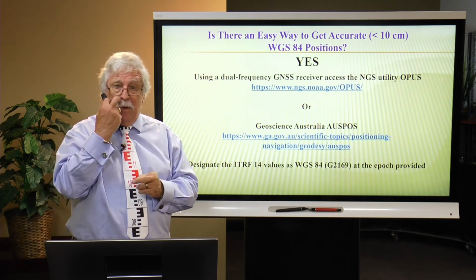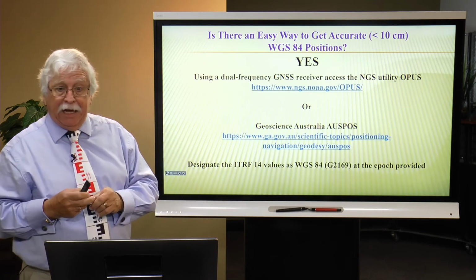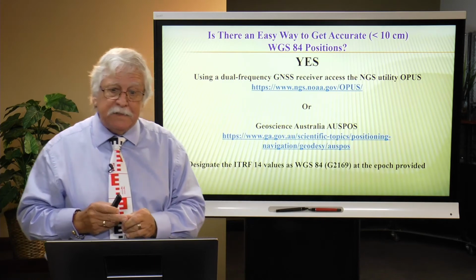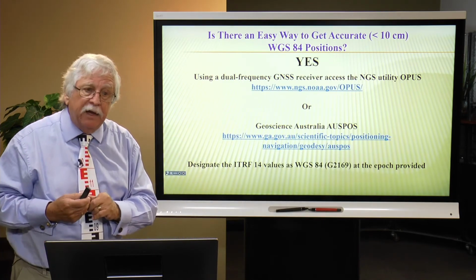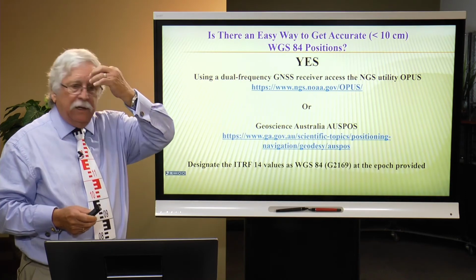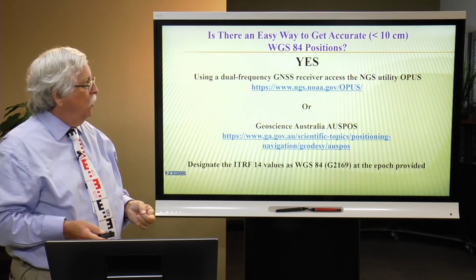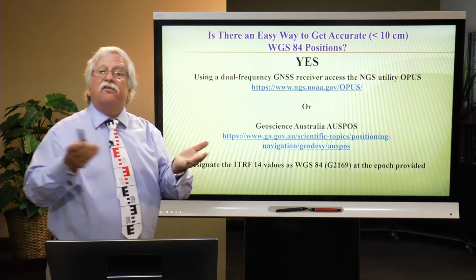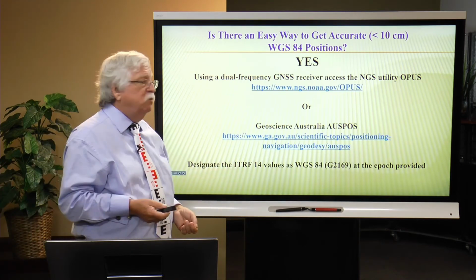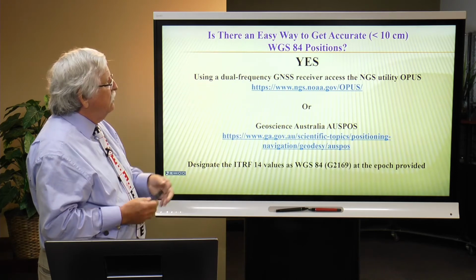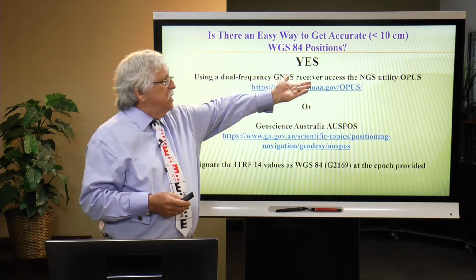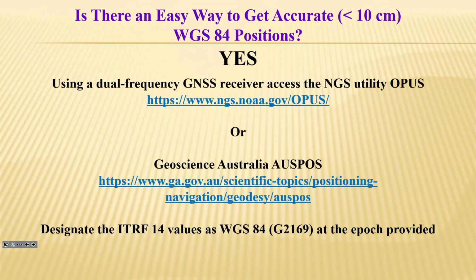Is there an easy way in which you could get accurate WGS84 coordinates? And yeah, I think there is, if you really need to have that. If you have a client that's demanding that you provide WGS84, there are several utilities. I'm just going to highlight two of them. One, if you have a dual frequency GNSS receiver, you can use the NGS utility OPUS, the Online Positioning User Service, and I've given you the URL.